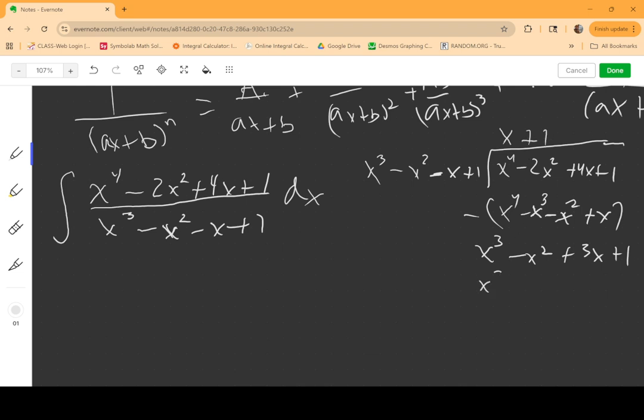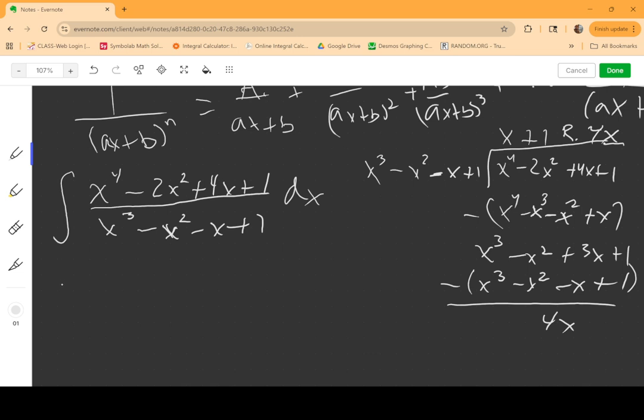So we get x cubed minus x squared minus x plus 1. And then when I subtract here, the x cubed goes away, the x squared goes away, and we get 4x, and then the 1 goes away. So I get a remainder of 4x since I can't go any further here.